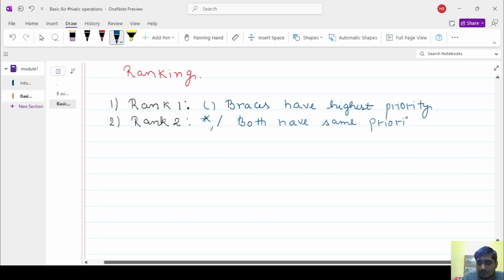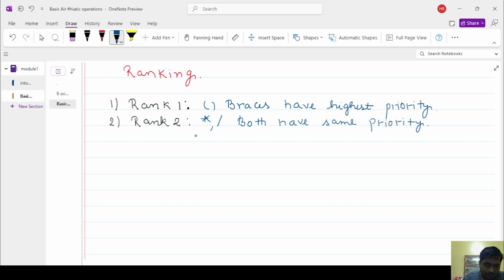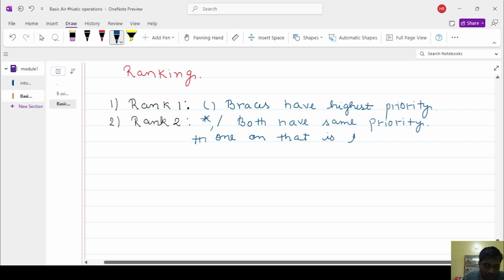When it comes in the equations, which do we have to give the first priority? The one that comes first from the left.